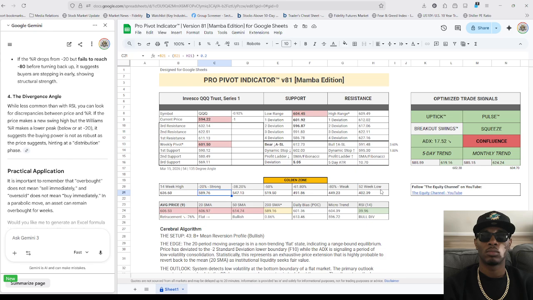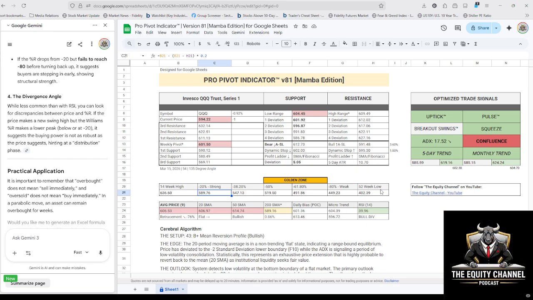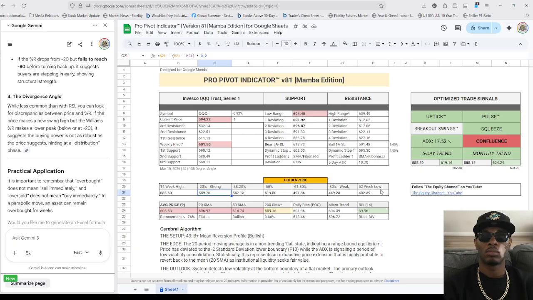Now, the divergence angle, while less common than with the RSI, you can look for discrepancies between the percent R and price. If the price makes a new swing high, but the Williams percent R makes a lower peak, it suggests the buying power is not as robust as the price suggests, hinting at a distribution phase.